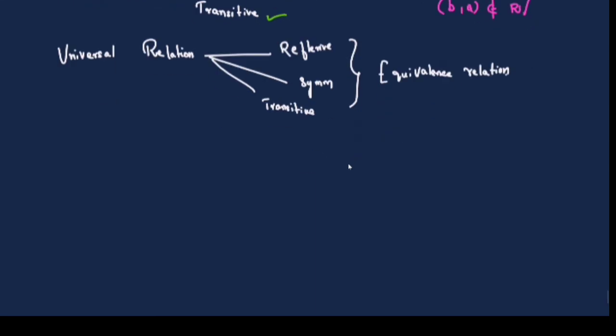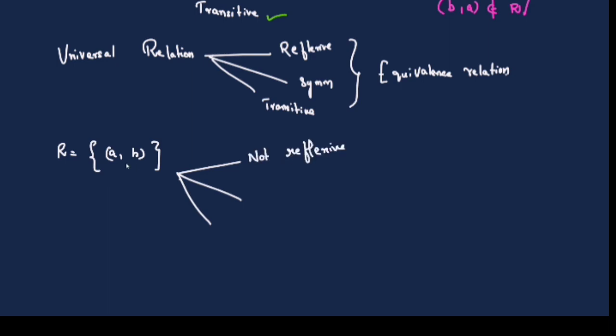Single element. Suppose you have only one element in a relation, suppose I have only one element A, B, then we say not reflexive. It is not reflexive because you cannot take A comma A; if it is A and A, fine. So it is not reflexive here. It is not symmetric because AB is there.